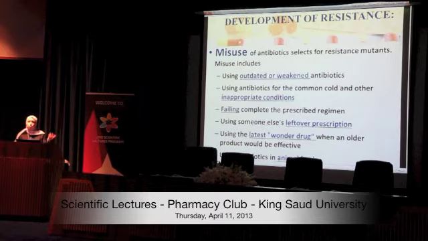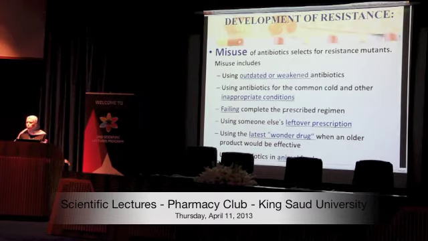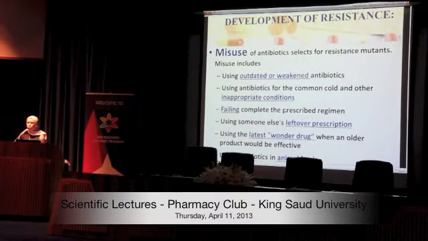In urinary tract infection, we usually have to use an antibiotic that is concentrated in the urine to be effective, just like nitrofurantoin and other drugs that are concentrated in the urine. If it's not concentrated in the urine, it wouldn't work. So we are just selecting the resistant strains by giving it inappropriately.